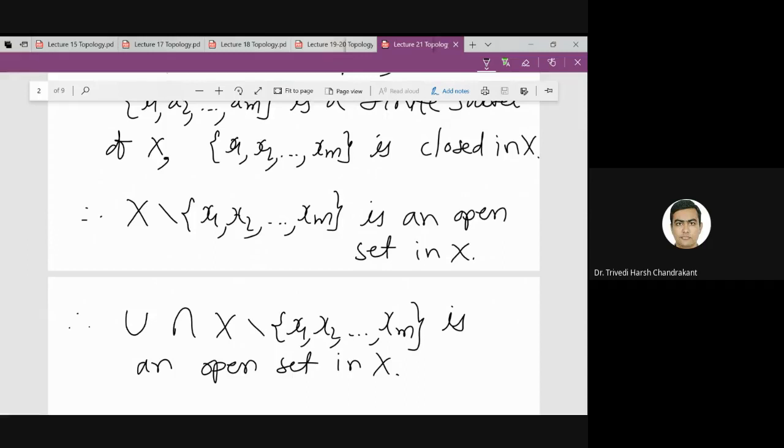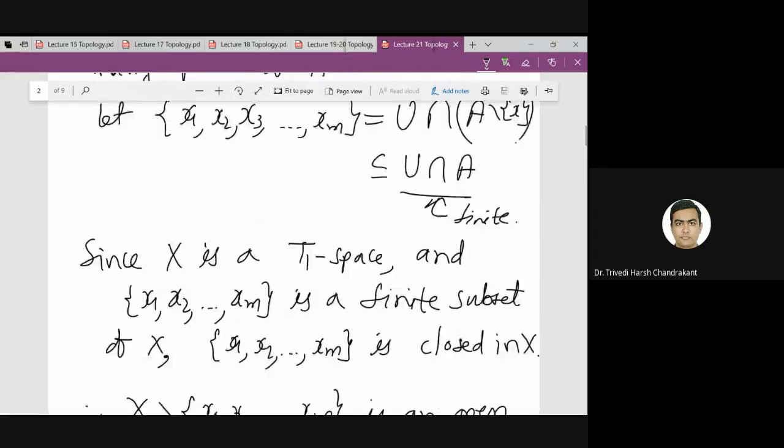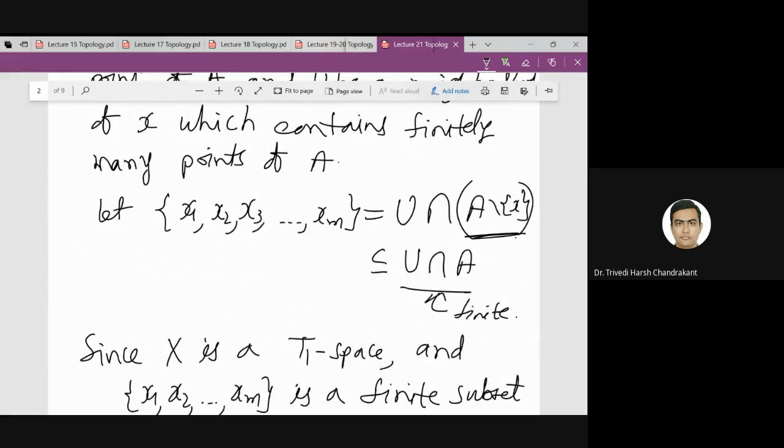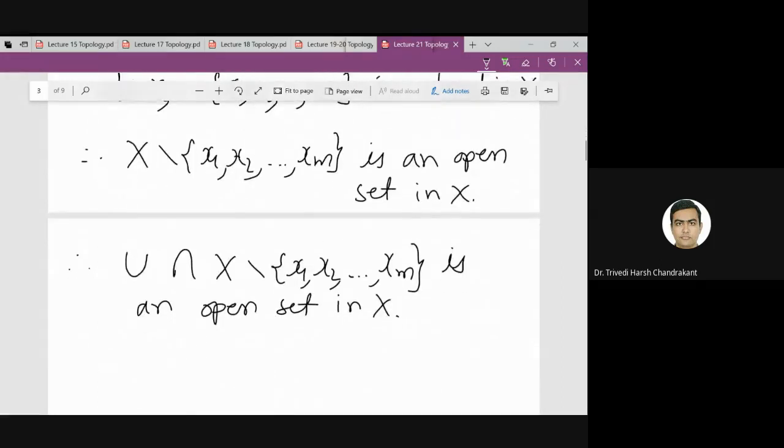And further, we know that X belongs to U, and we know that x1, x2, xm does not equal X, because we have taken the condition that x1, x2, xm is U intersection A minus X. So therefore each xi does not equal X. So if xi does not equal X, that means X belongs to the complement of this set.